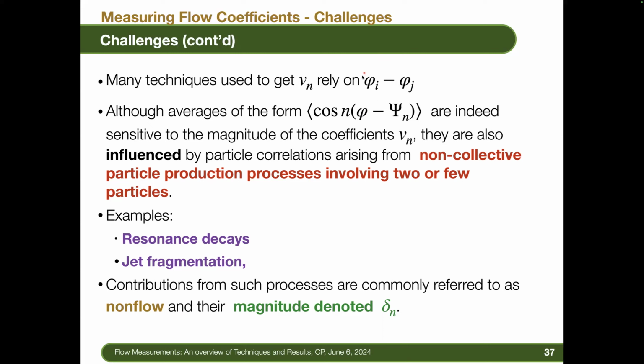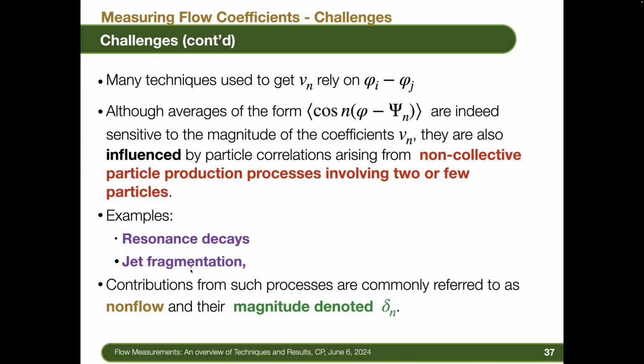If we rely on this, we are going to see correlations that are due not only to the geometry of the collisions, but also to other phenomena such as resonance decay, jet fragmentation, and so forth. These will also involve correlations between particles of a pair, or triplets and quadruplets and so on.